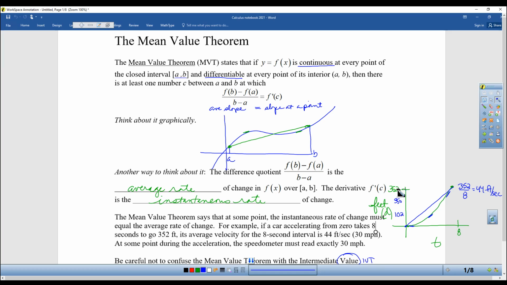That's the intermediate value. If you go from 0 to 352, at some point you were at 100 or you were at 87. You're at all those different points. But that also has to have a continuous function for that to work. So for mean value, the word mean means average. So that's how you can remember it, that this has to do with the average velocity versus the instantaneous velocity.